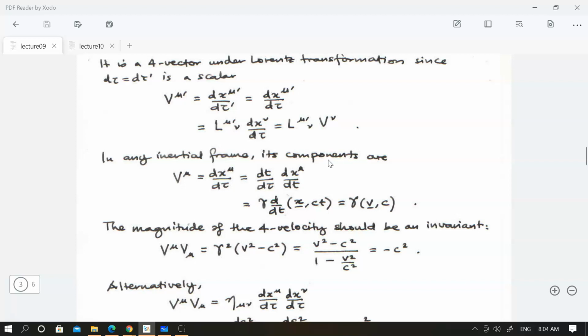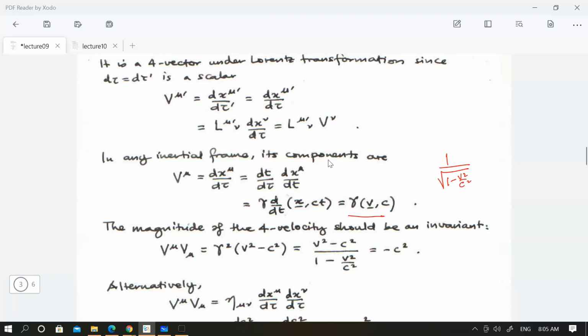So essentially what we have defined is to have your position vector differentiated with respect to the proper time, and the components are given by this. The spatial components correspond to the ordinary velocity, but it is modified by the relativistic factor, which is 1 over the square root of 1 minus v squared on c squared.